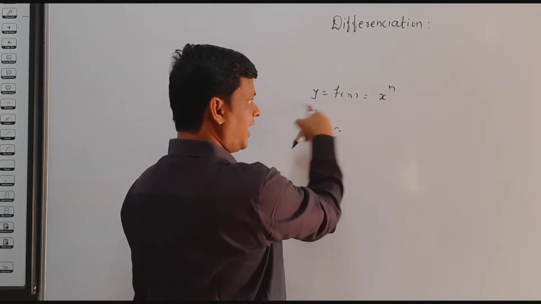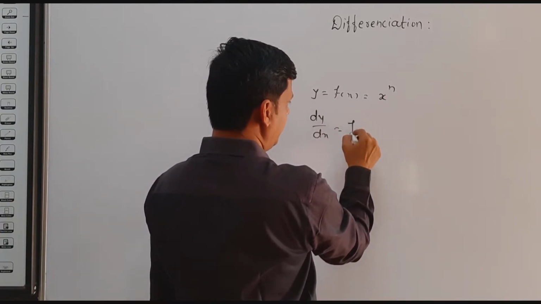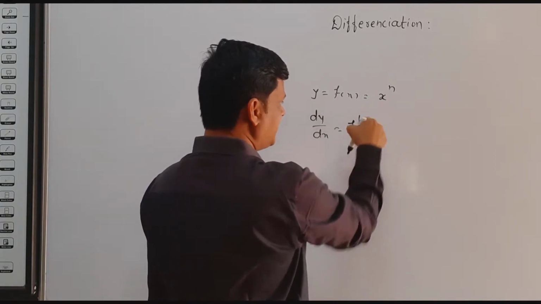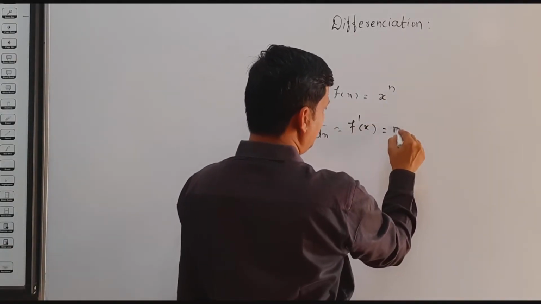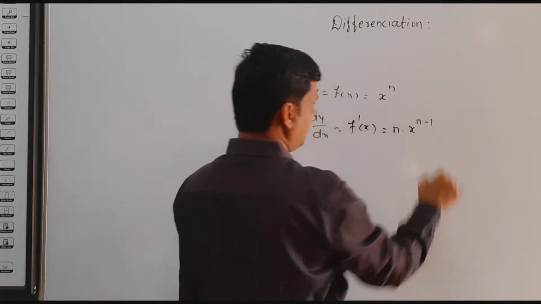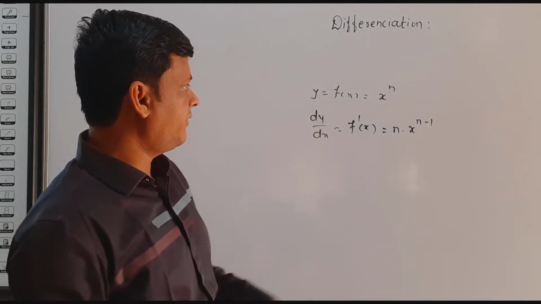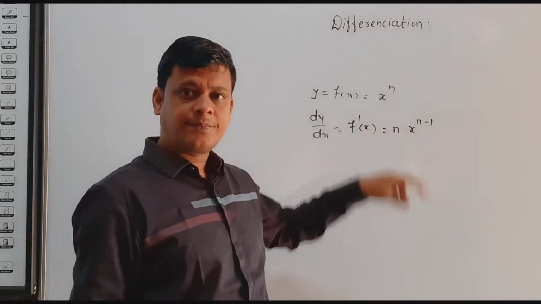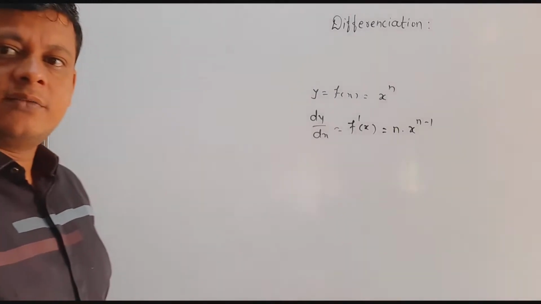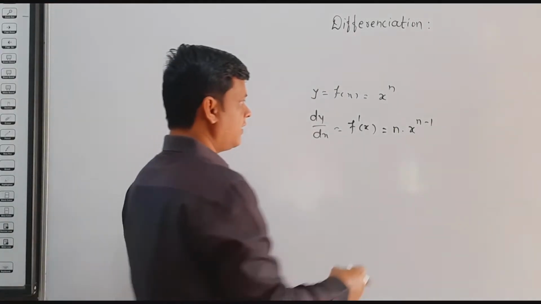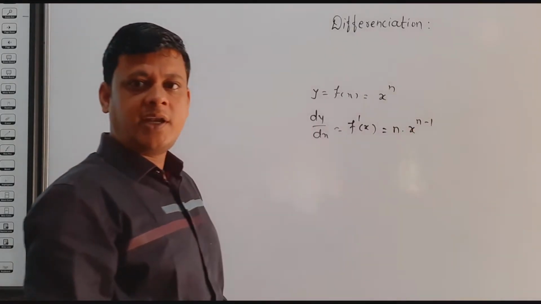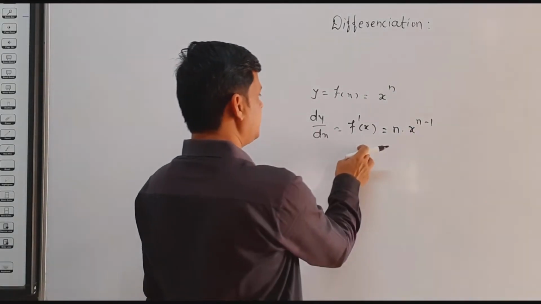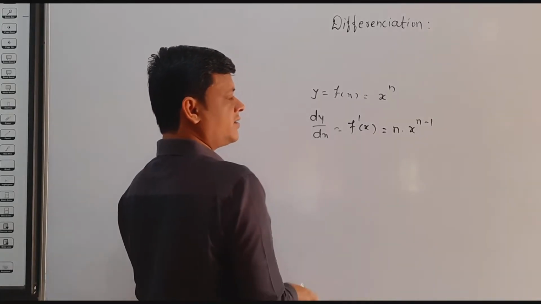If instead of y, f of x is given, then we write the derivative of f of x as f dash of x, and it is n into x raised to the power n minus 1. That means when we differentiate x raised to the power n, we have to take the power in multiplication and reduce the power of that variable by 1. So this is the algebraic standard form.